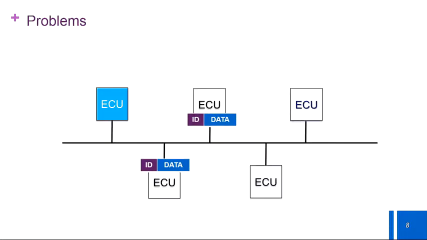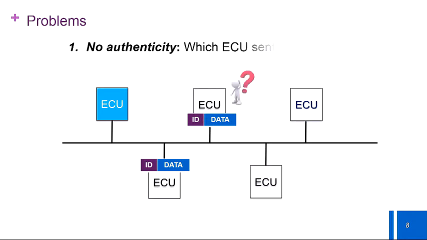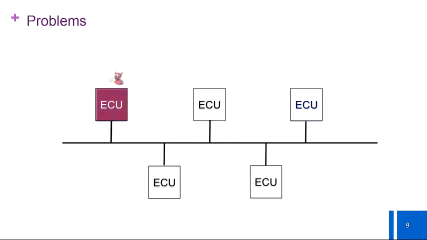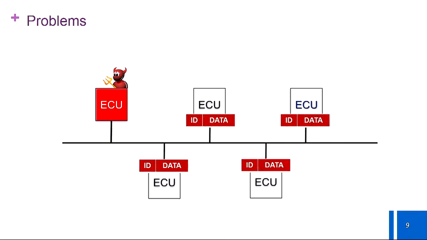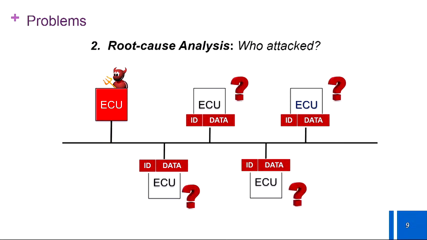So the main problem in defending or detecting these attacks would be, first, we don't have any idea on who actually sent the messages on the bus. And also, even though we have detected those messages, we have no idea on who actually attacked. If we knew, we could respond to this attack pretty quickly, and then patch, and then move on.